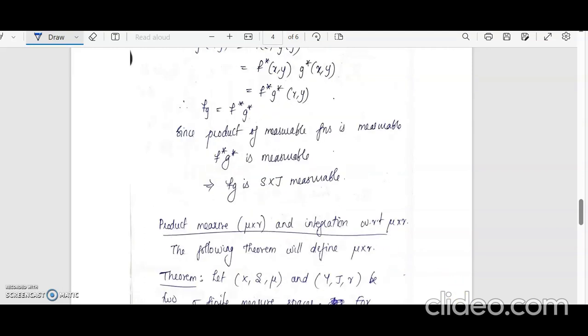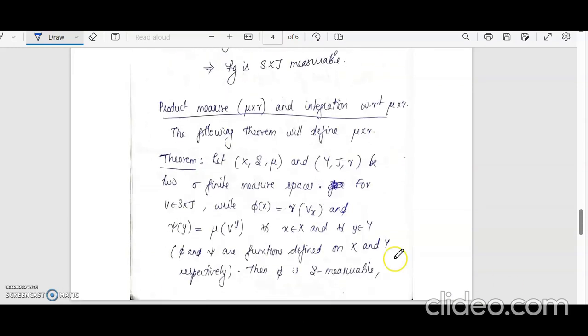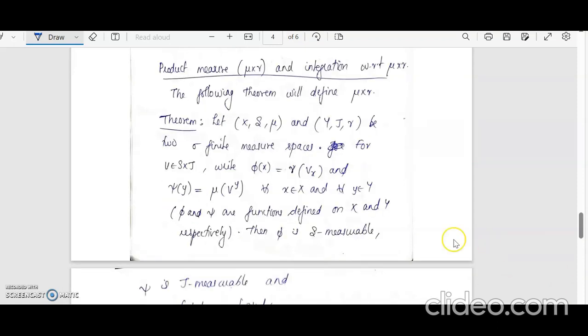Now let us define what a product measure is. The definition of product measure follows from this particular theorem. We will define product measure using this, and when we define double integrals, the order of integration can be changed.